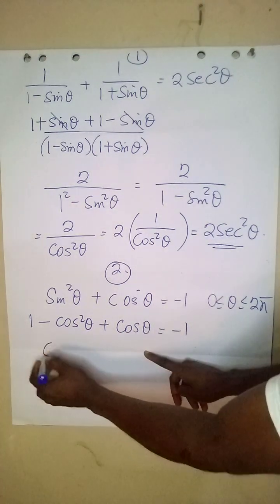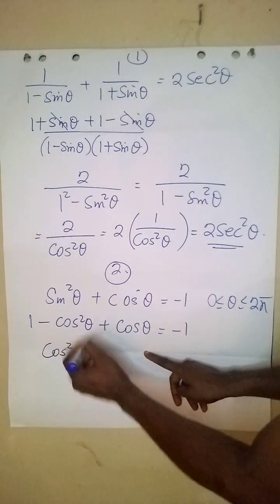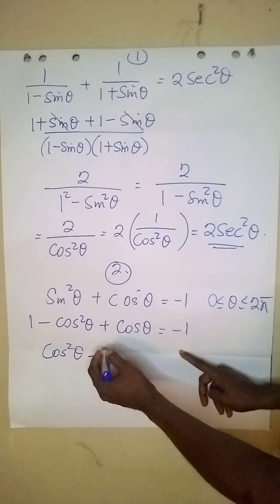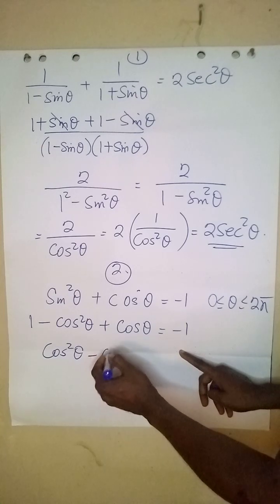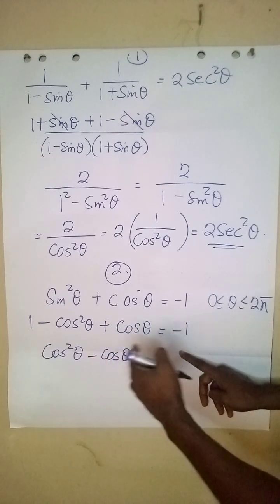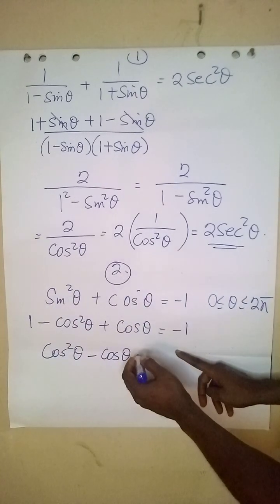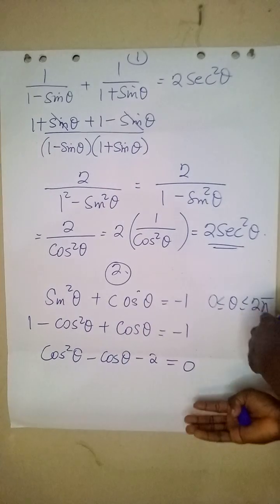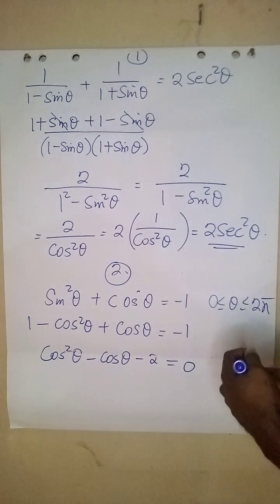We're going to be having cos squared theta. If this also moves, you're going to be having minus cos theta, and this moving off also here, we're going to have minus 2 equals 0. So this is just arranging this so that we have this.